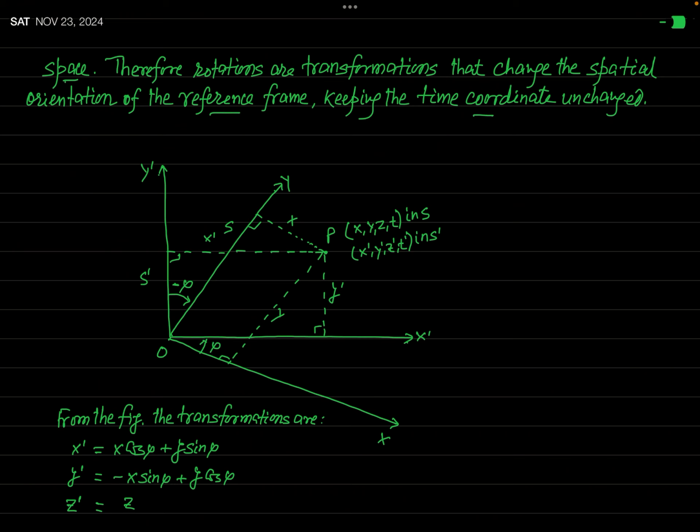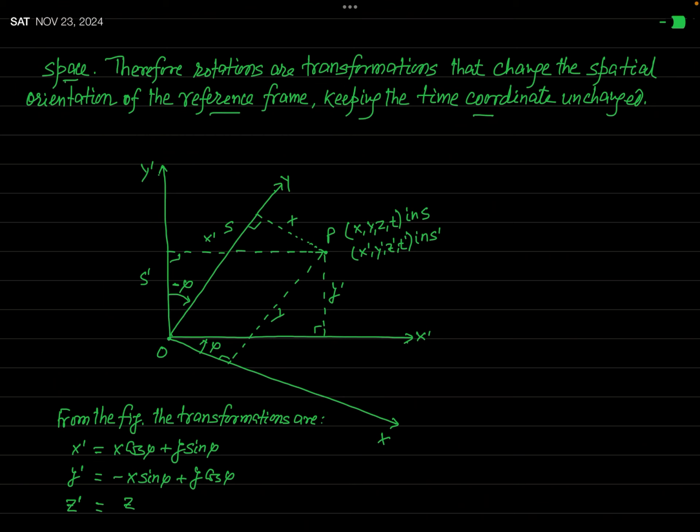I have shown here minus phi because the sense of rotation has been shown in the opposite direction. And this rotation has been carried about the z-axis, so I have not shown the z-axis, because if rotation is carried about the z-axis, the z-coordinate of any point will not change.